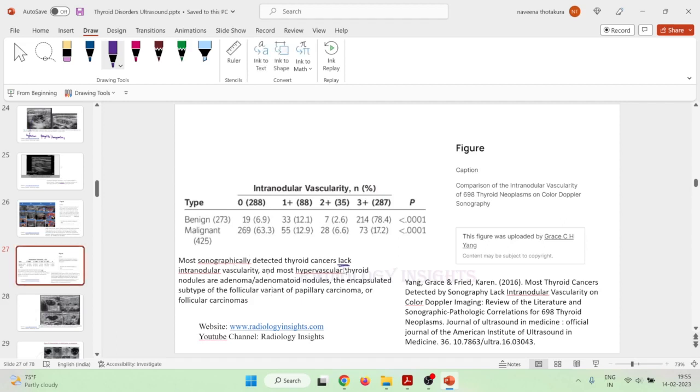They lack vascularity. Only a few tumors are vascular. That is, hypervascular tumors are most commonly malignant. So obviously they can be either adenoma or adenomatous nodules, or they can be any type of follicular variant or any other type of papillary carcinoma, or they can be follicular carcinoma.